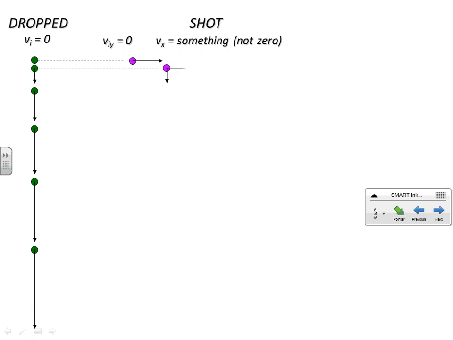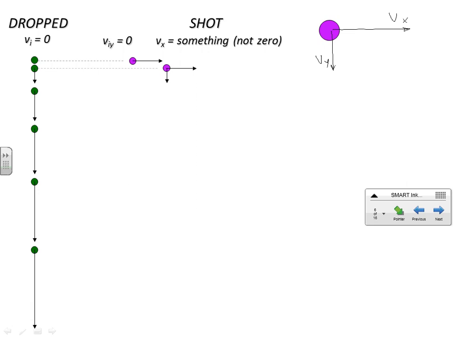Now, horizontally, what we know is that horizontal velocity stays constant. One of us said that really well today: there's no force horizontally, no side-to-side force, so there's no reason this object should slow down or speed up horizontally. So horizontal speeds stay the same, and we're supposed to be able to understand that this vector represents the horizontal component of velocity, and this vector represents the vertical component of velocity.